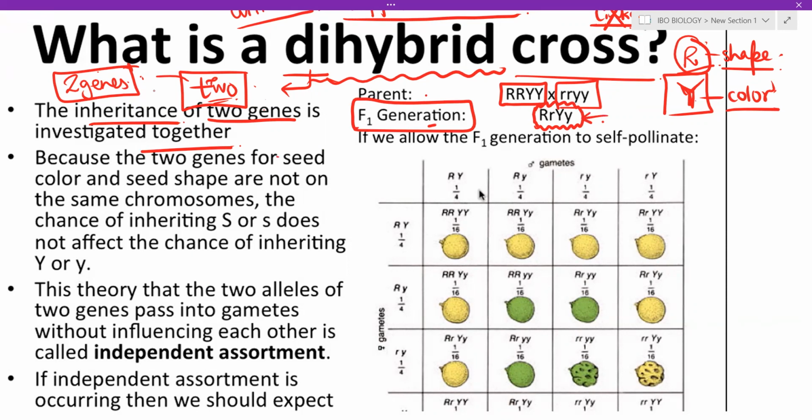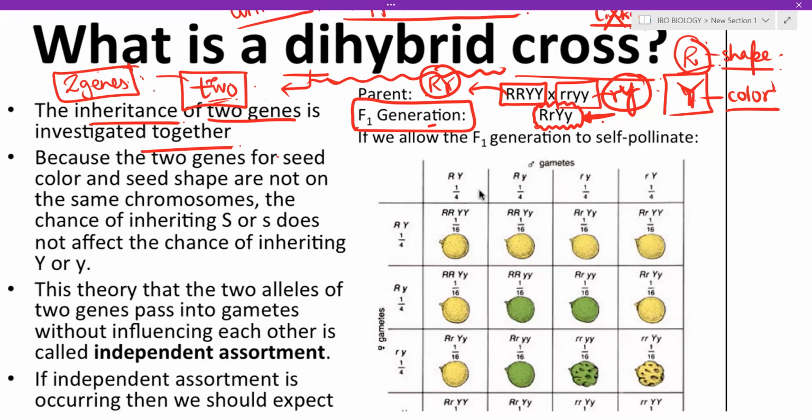The reason why you'll get this is already mentioned in the previous studies as well. Capital R and capital Y are the only combination that you will get from this parent in one gamete, and small r and small y is the only combination that you will get from all the gametes from the other parent. Basically, homozygous dominant and homozygous recessive would give you only heterozygous offspring.